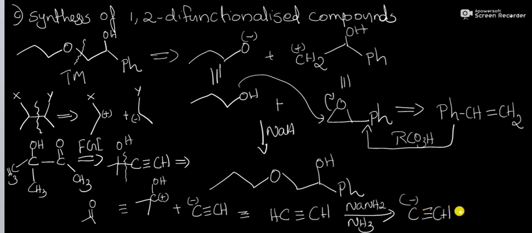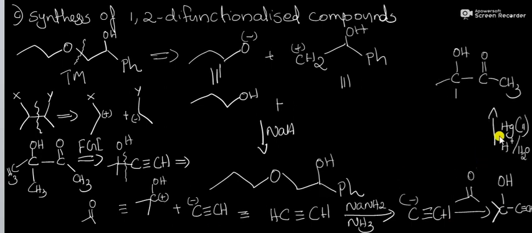This nucleophile adds to the carbonyl compound. We get this compound. Here the triple bond can be converted into carbonyl compound by the reaction with Hg2 plus, that is in the presence of mercuric salt followed by hydrolysis, the alkyne will convert into carbonyl compound, and this is our target molecule.